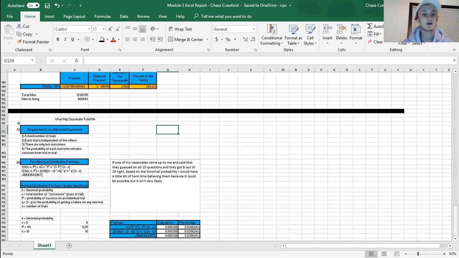And lastly, what my classmate told me. Now, in this example, we had to use a binomial experiment to figure out if he or she really did get 8 out of 10 questions right just by guessing. Not a lot of people, without doing a binomial experiment, would believe that.